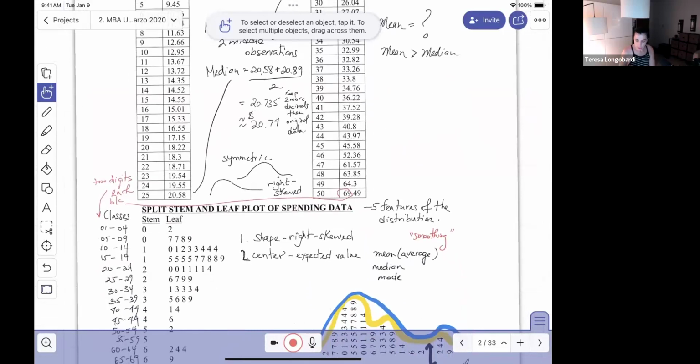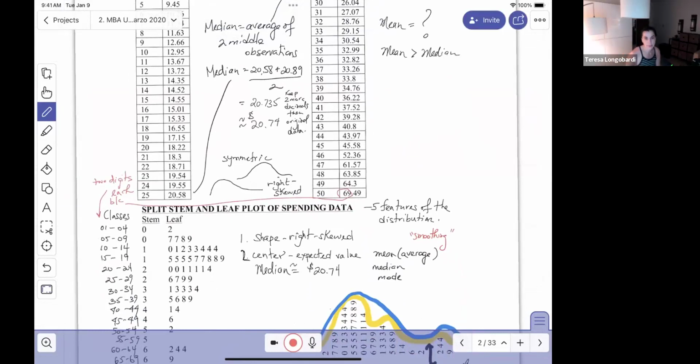So when the data are skewed, we use the median as a measure of the center or the expected value, and our median is approximately equal to $20.74. And we note when data are skewed. Data is a plural, so I have to say are, not is.